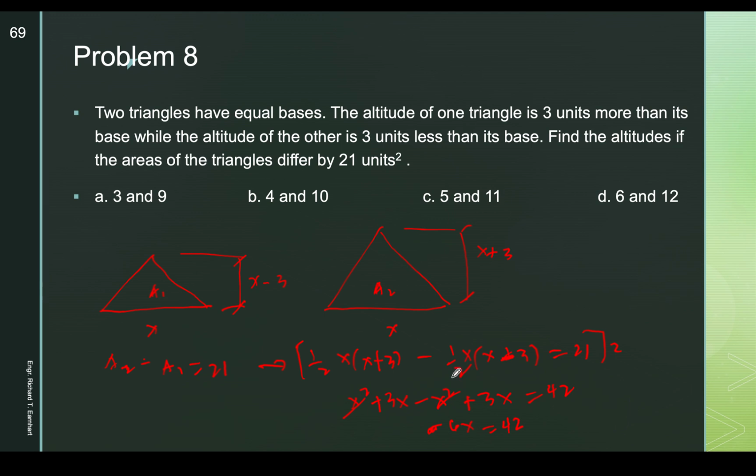Okay, your x here is 42 divided by 6, 7. But we're asked for, not x, but we're asked for the altitude, so therefore we have x minus 3, which is 4, and then x plus 3, which is 10. Okay, so 4 and 10, that's letter B.